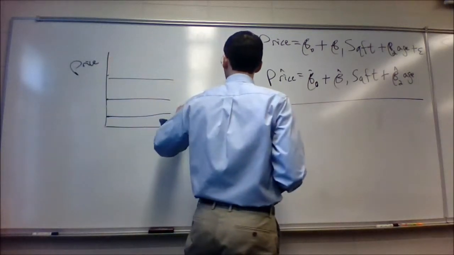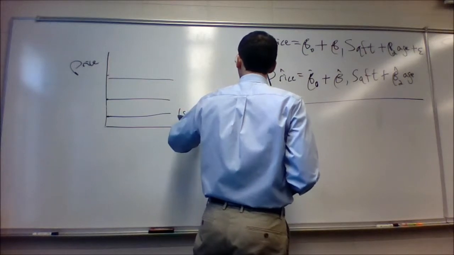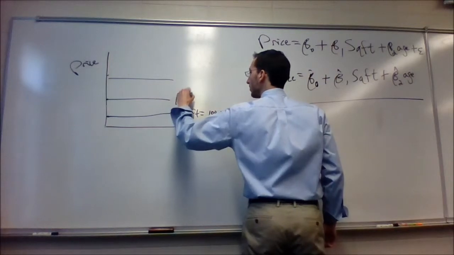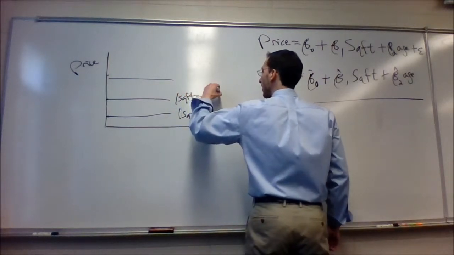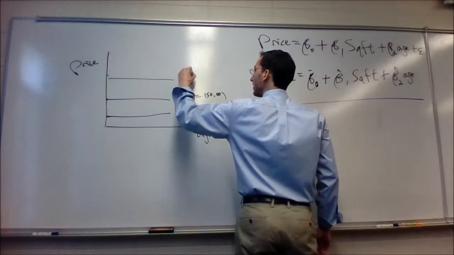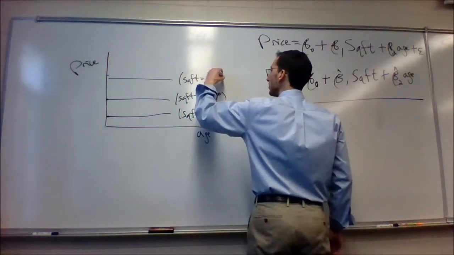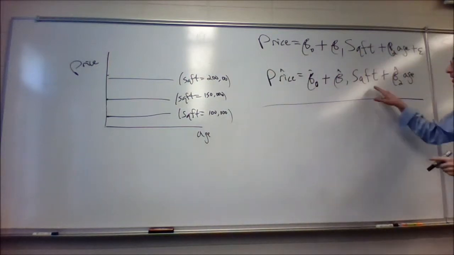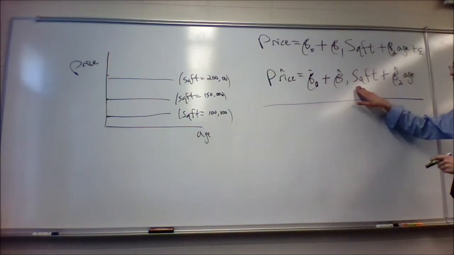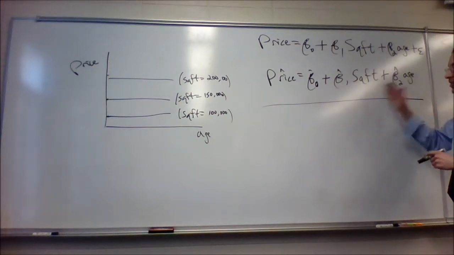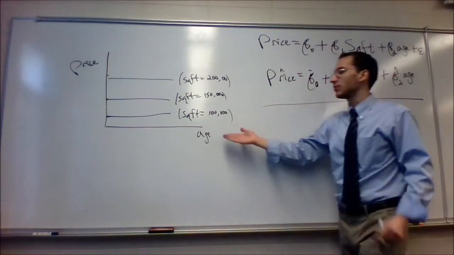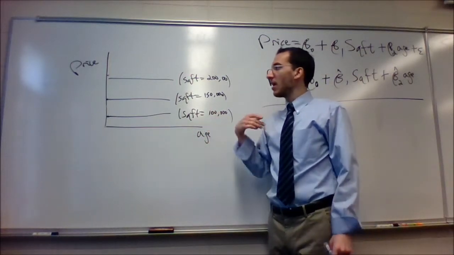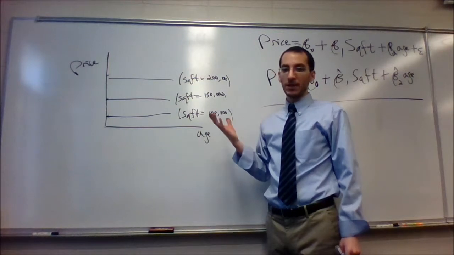So I can say that this is square feet equal to 100,000, or square feet equal to 150,000, or square feet equal to 200,000, etc. And I can just keep going. So I can put in a value for square feet and then just change age and look at the relationship between age and price. So that's what's going on with multiple linear regression.